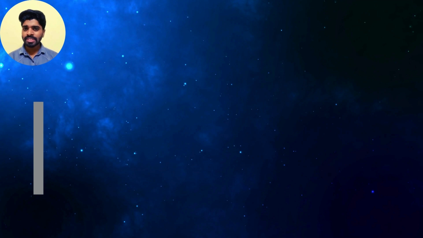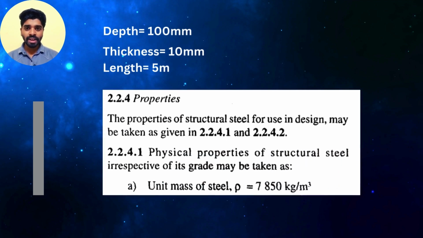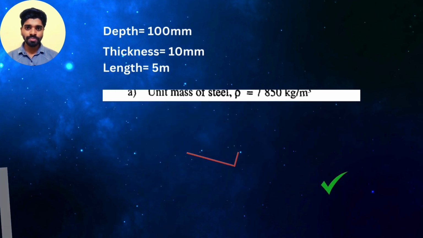Let us consider one simple example of a steel plate. If we take the depth of the steel plate as 100 mm and thickness of 10 mm, of total 5 meter length, and we'll take the density of steel as per IS 800-2007 clause number 2.2.4.1, it is around 7850 kg per meter cube.